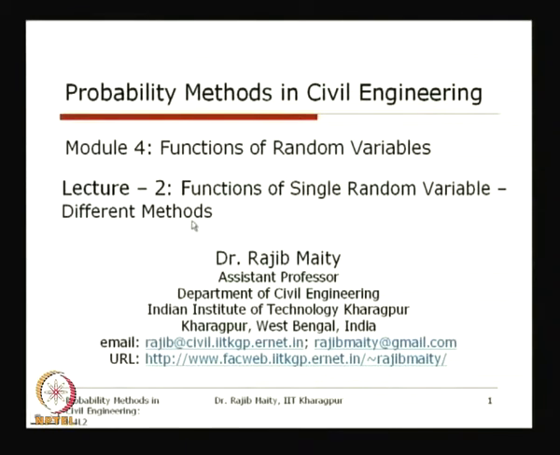If you recall, in the last lecture we discussed the fundamental theorem. In that theorem we have seen that if there are different roots of a function of a random variable, then we can make a general equation to find the probability density of that function of the random variable.